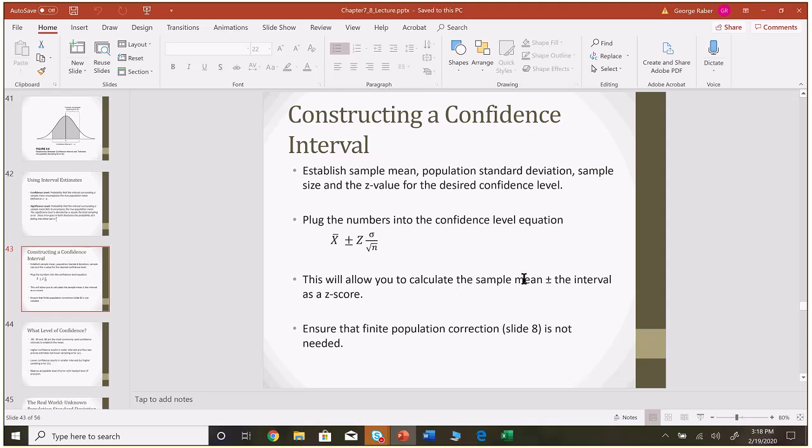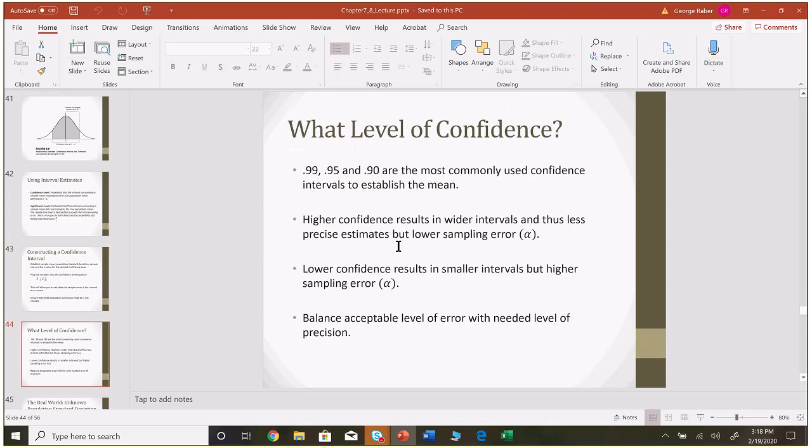So that'll allow you to calculate the mean plus or minus the interval as a z-score. And then remember to look at and see if you need to use the finite population correction. If you do, it's just a multiplicative term. You multiply this value by the finite population correction value.